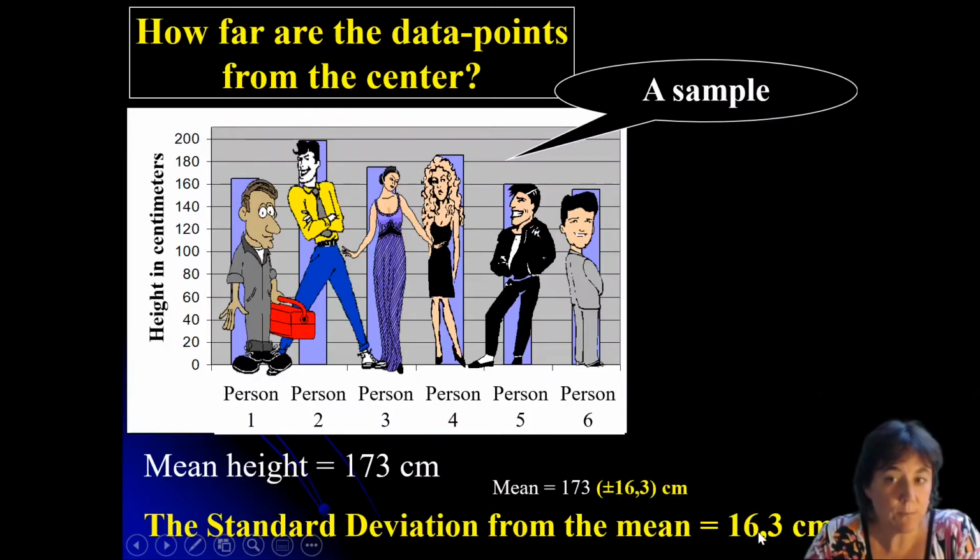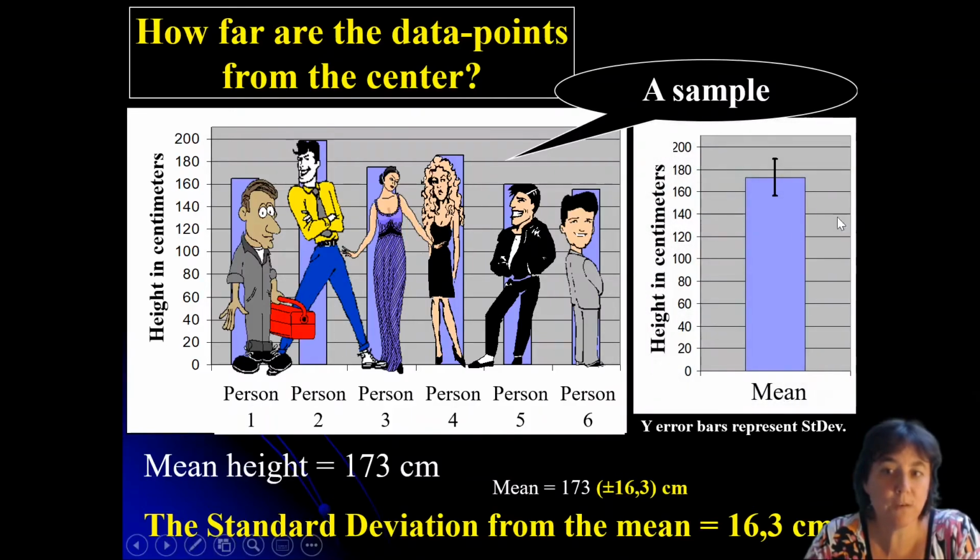The dispersion measure, the standard deviation, plus minus 16.3 centimeters, is kind of the average deviation from the center. And this is how we picture it. We take the mean and then we use something that we call the error bar, and we picture the same value, for example 16.3, up and down from the average.